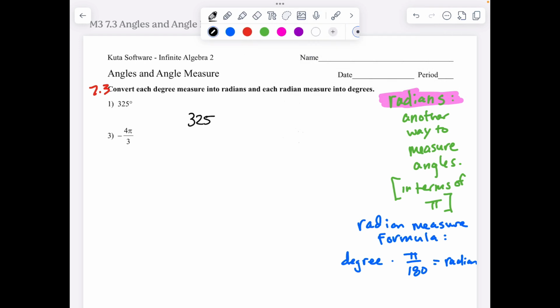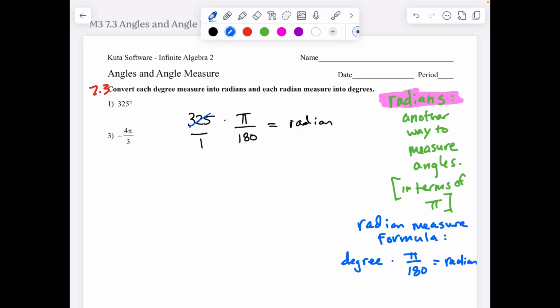325 is the measure that I'm converting. So that's degrees. So that's going to be times pi over 180 equals whatever my radian measure ends up being. Okay, so I'll simplify ahead of time. I'm going to put this over 1 so that I have fractions, so I can multiply top times the top, bottom times the bottom. But before I do that, I'm going to simplify as best I can. Both 325 and 180 have a greatest common factor of 5.